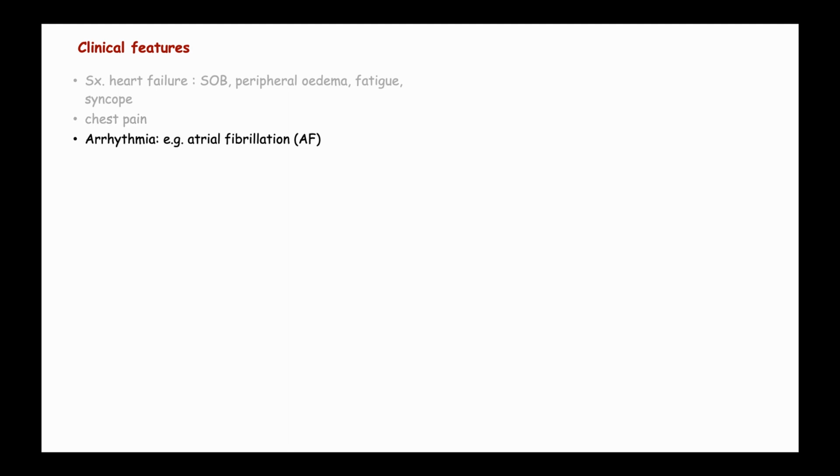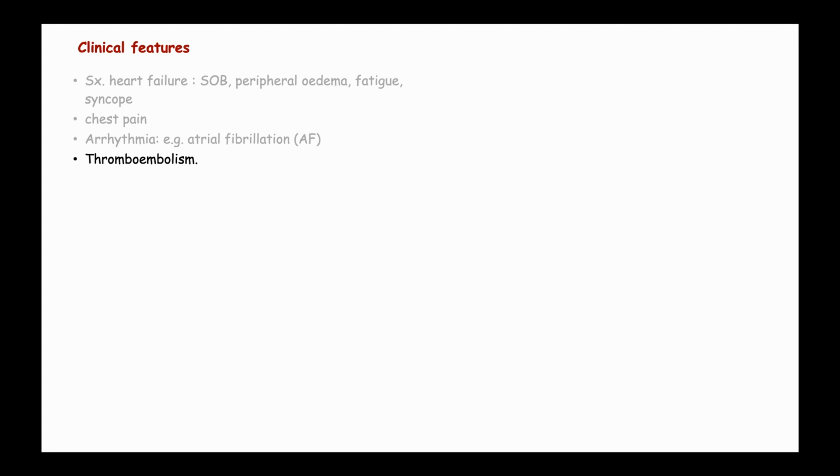Then there may also be arrhythmias, such as atrial fibrillation, as well as some conduction abnormalities. And so you may also find some form of bundle branch blocks. Then there may be thromboembolism, and this will ensue because the blood has become stagnant in the left ventricle, and so as it moves, it forms clots, which may go into circulation.